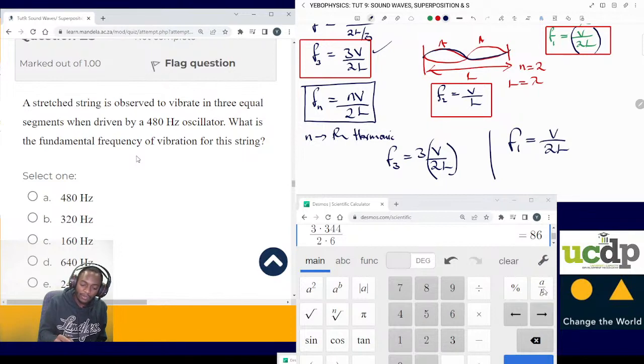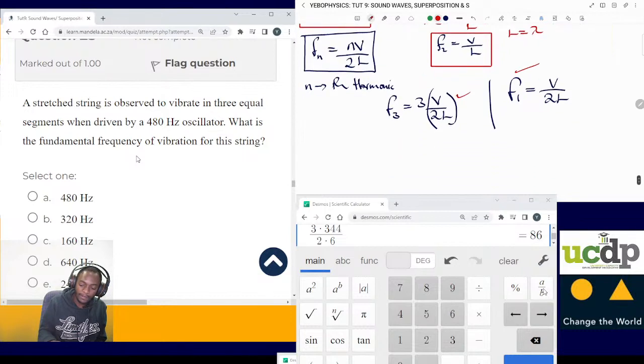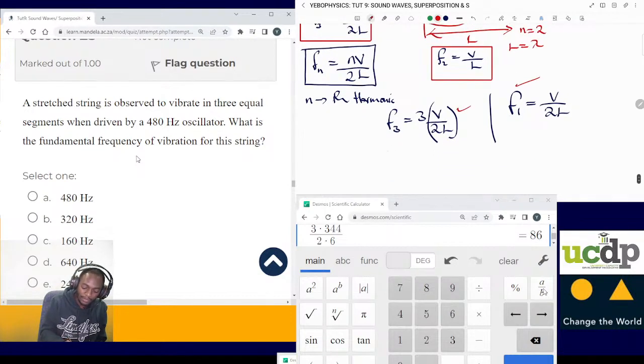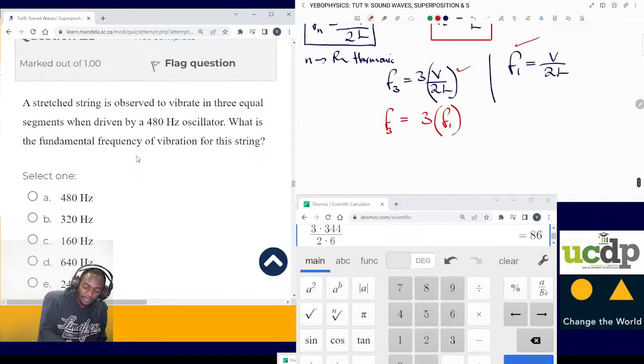So in place of V over 2L, you can put F1, so F3 is equal to 3 times F1. So the third harmonic is equal to 3 times the fundamental frequency.